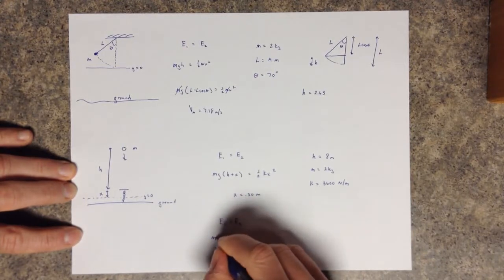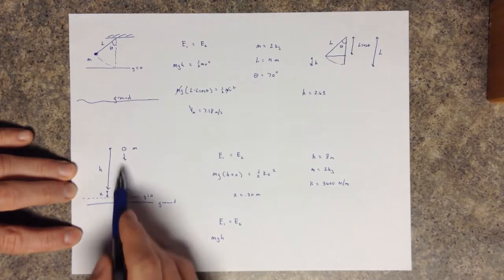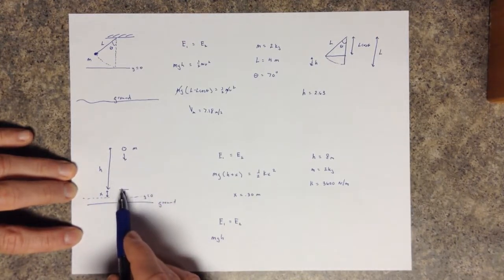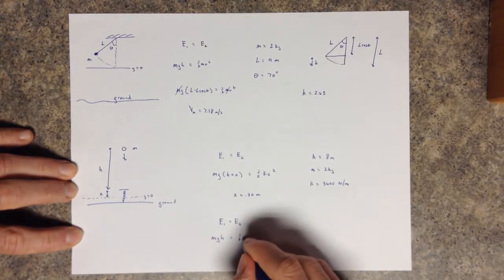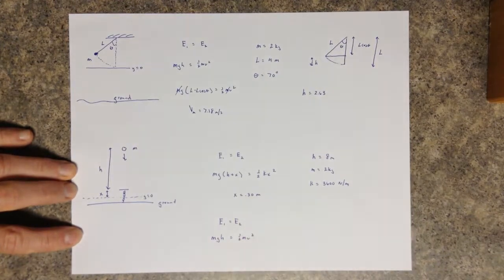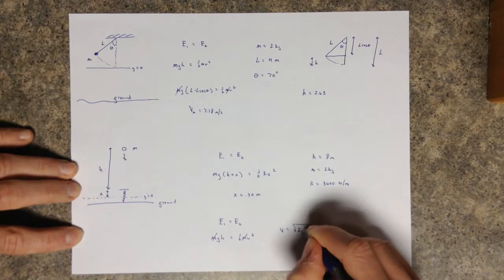The energy now would just be mgh, because if we're interested in the velocity here, it would only be the height we've actually fallen. The spring isn't compressed at all, and so that change in height would then be equal to 1/2 mv squared. Okay? Cancel the masses, multiply by this, and you get v equals the square root of 2gh.